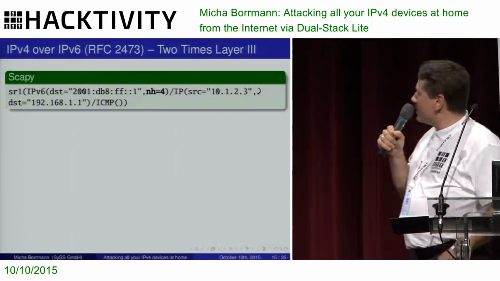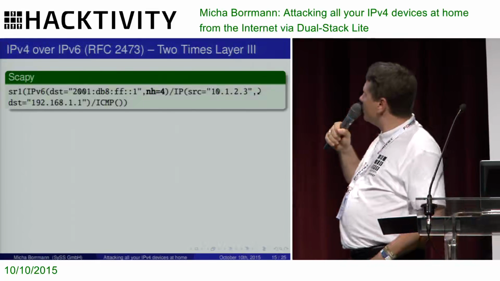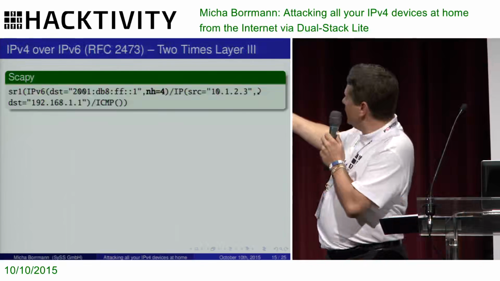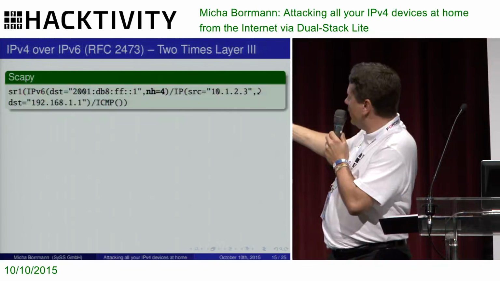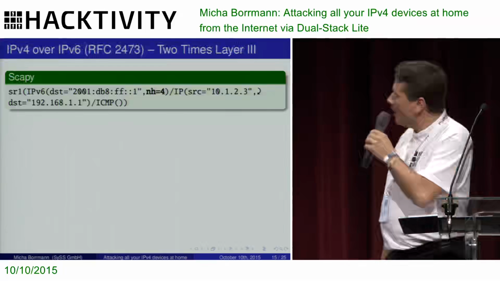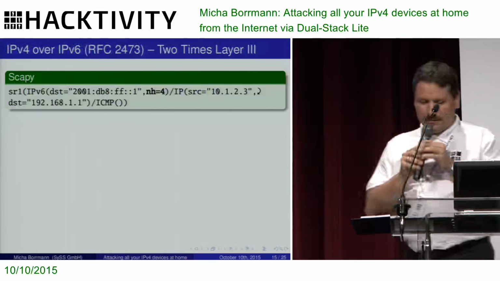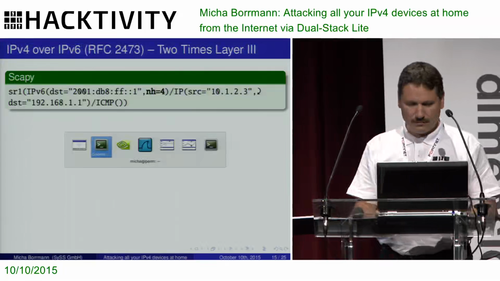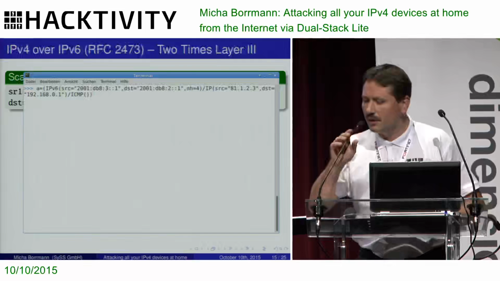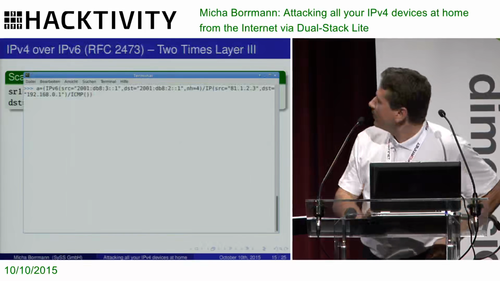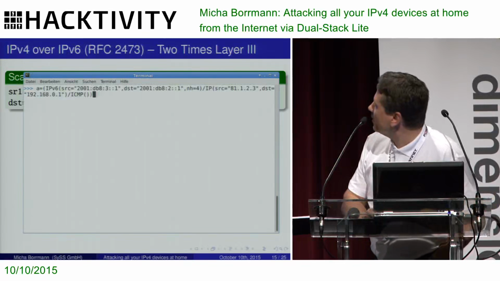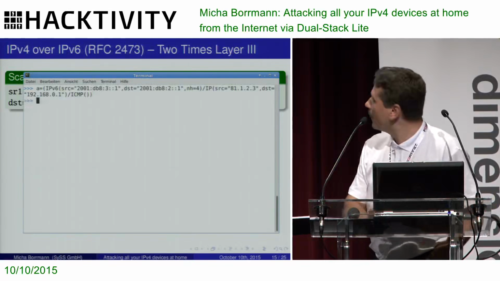I have a simple demonstration. There's a packet. You can build it with Scapy, for instance, and even this next header equal to 4 is not so well documented. But if you create such a packet, I've prepared it here. It has a source address and a destination address in IPv6, and a source and destination address in IPv4.